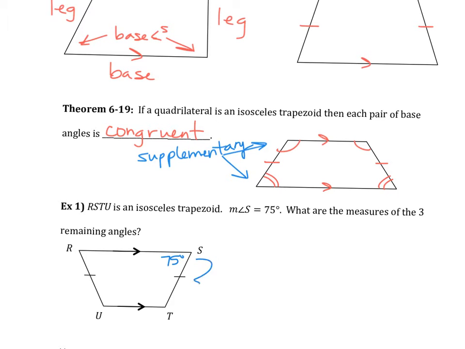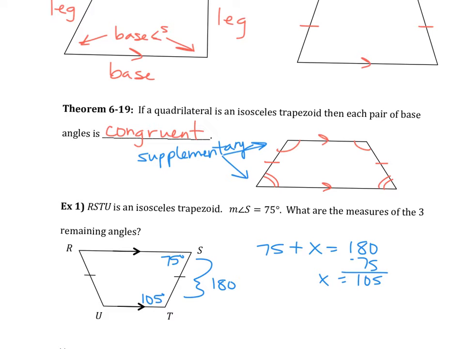Right, so these two have to add up to 180. So you're going to say 75 plus, we'll call this X right now, equals 180. So if you take away that 75, then that X is going to be 105. So this angle down here, I'm going to take X away now, would be 105.